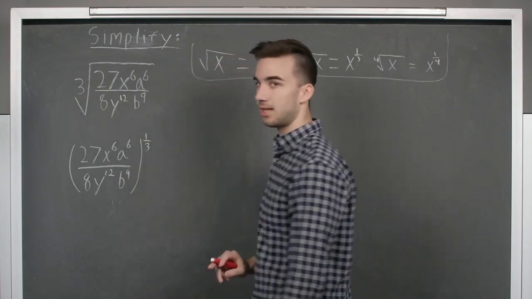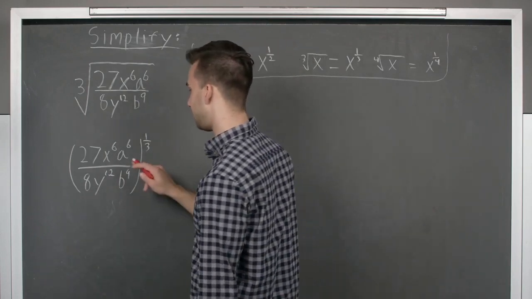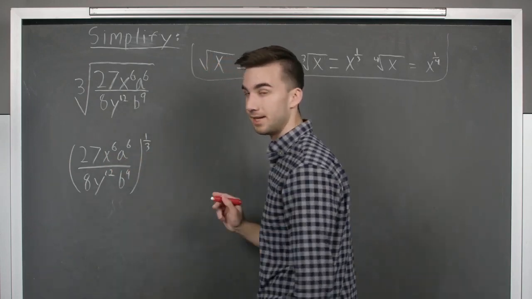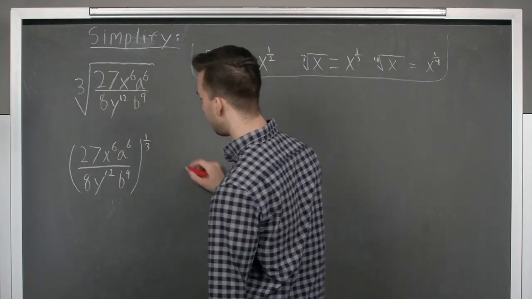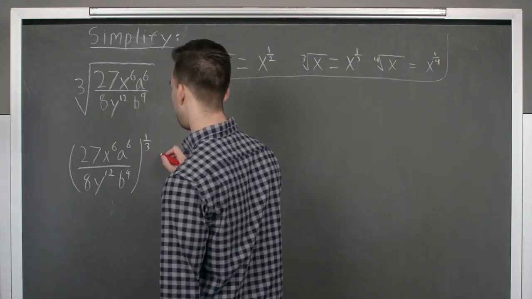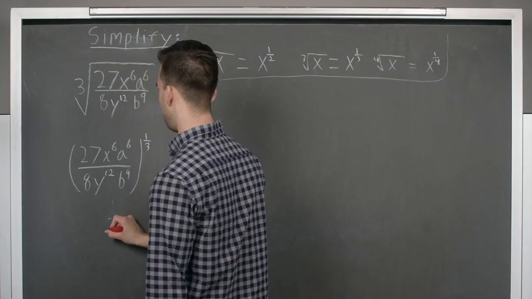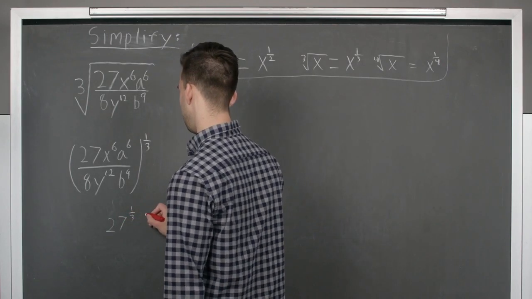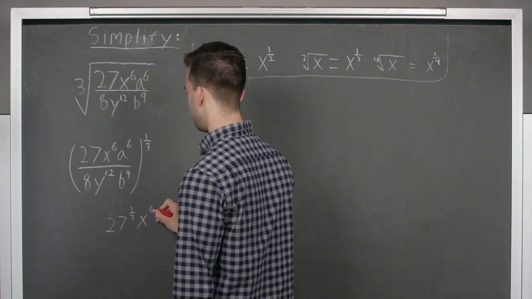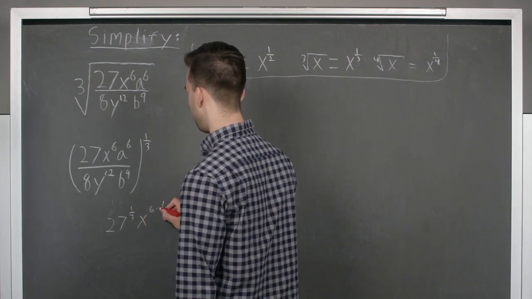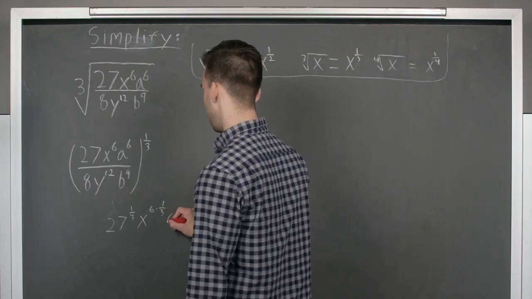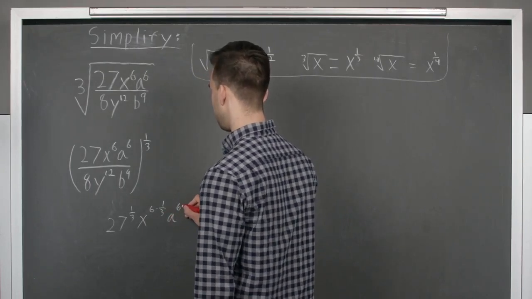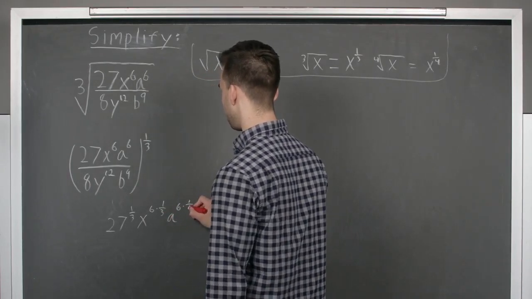Now, just like our last example, we take the outside exponent and multiply it by each factor. So if we do that, we have 27 to the power of 1 over 3, and then x to the power of 6 times 1 over 3, a to the power of 6 times 1 over 3.